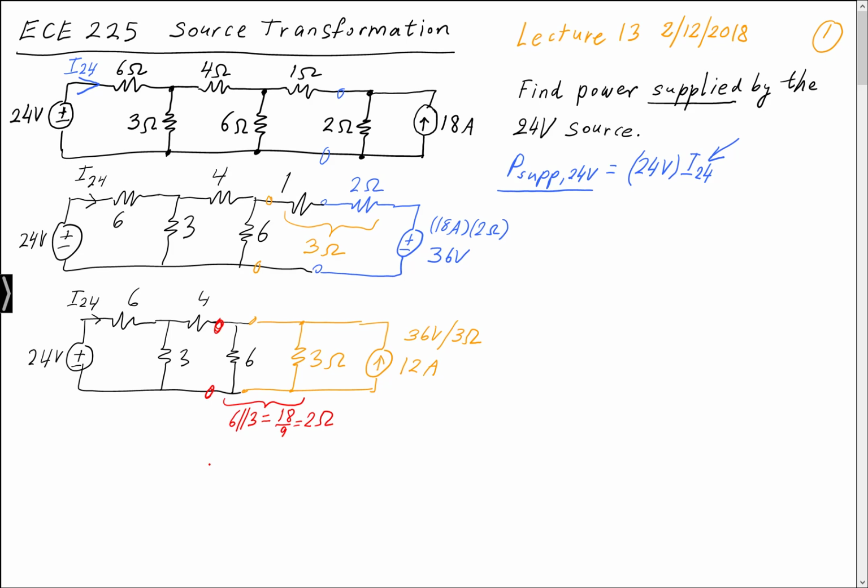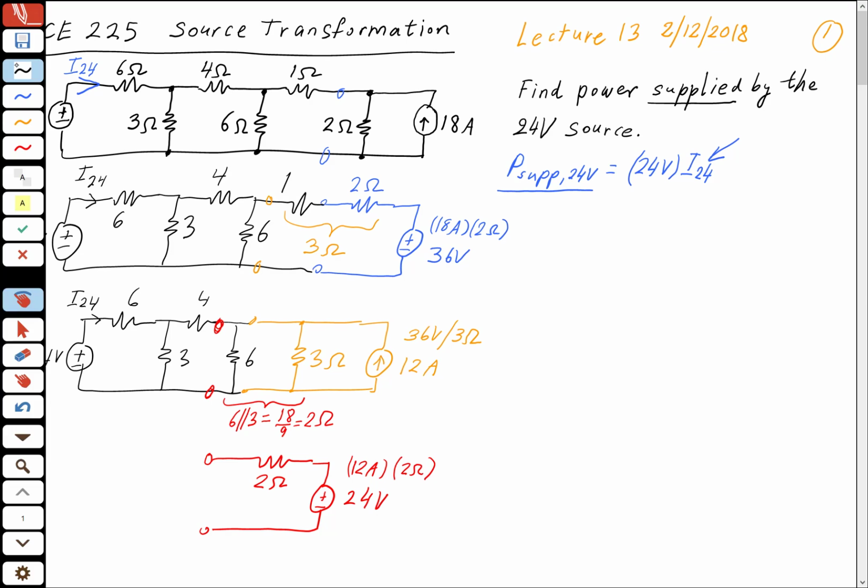So it'll look basically like this, right? So let's just draw it. We have the 2 ohms in series with a voltage source. What's the value of the voltage? 12 amps times 2 ohms. This will give us 24 volts, right? And then to the left of these open circles, we just draw what we have, so it's just a repeat.